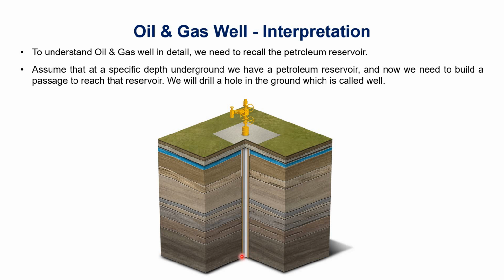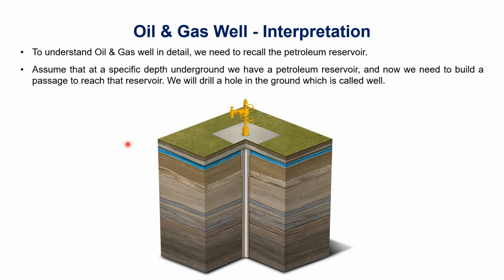So to bring this oil and gas from the subsurface to the surface, we need a path. That path is called well. So to bring these hydrocarbons to the surface, we actually make a hole in the ground. This hole is called well.